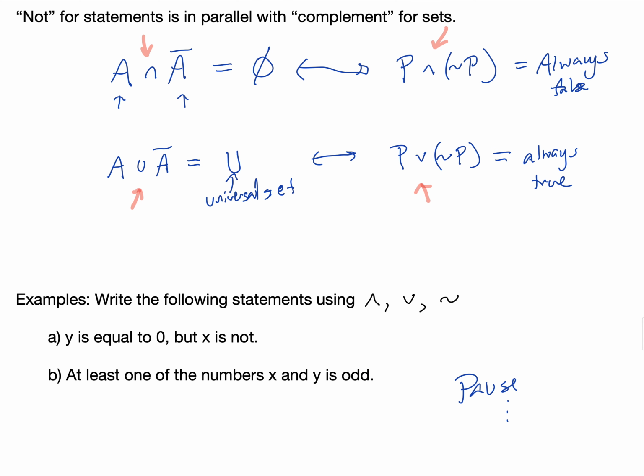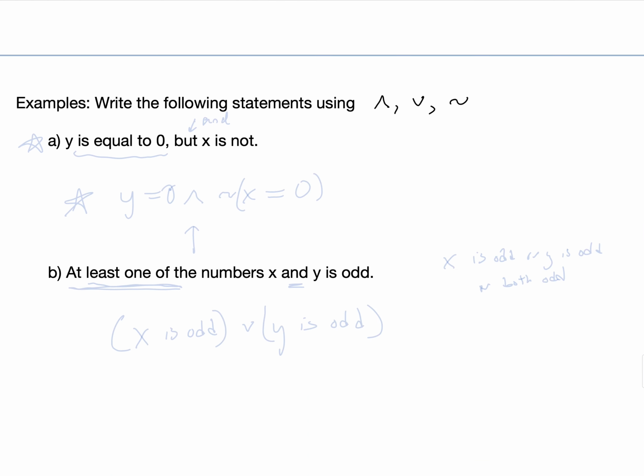Okay, y is equal to 0. So we could keep writing it out like this. We could also just write y equals 0, but x is not equal to 0. One way we could write that is x is not equal to 0. We could write that with a not equal, like with a line through it, but because we want practice with the not operator, let's use it is not the case that x equals 0. Now, how can I connect these two statements?